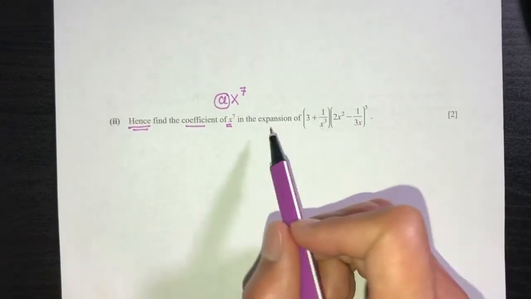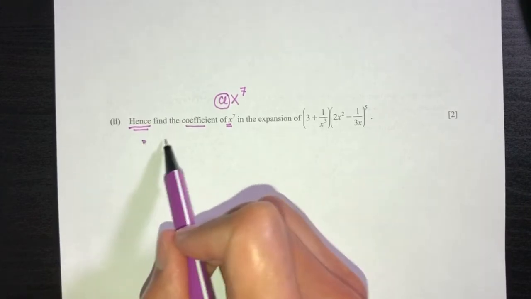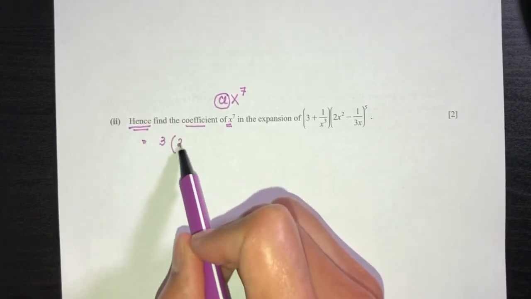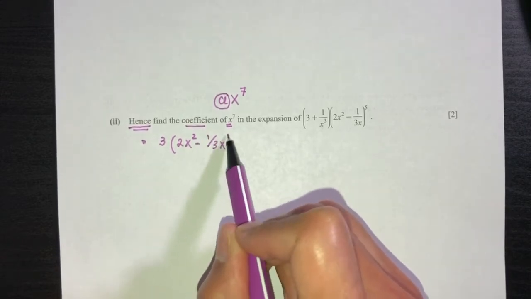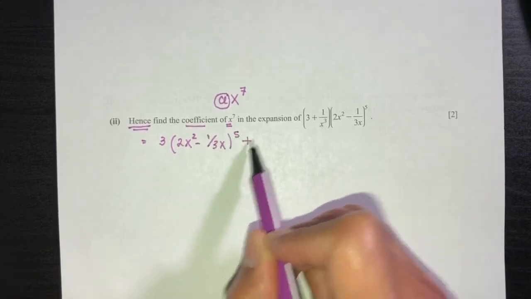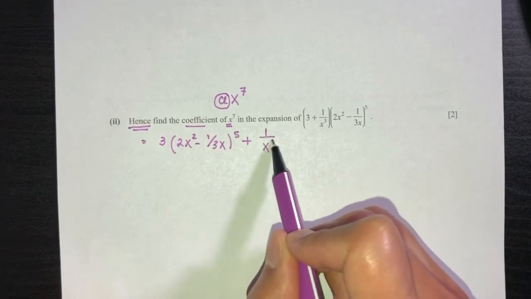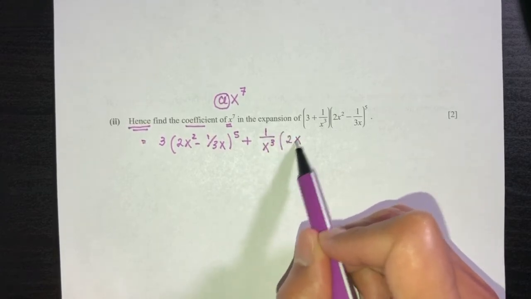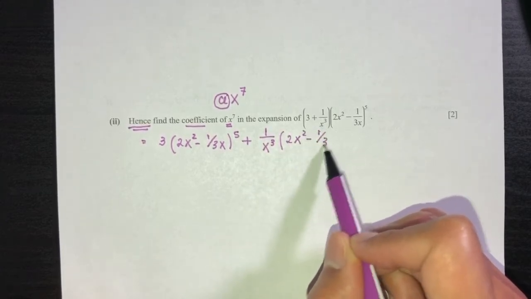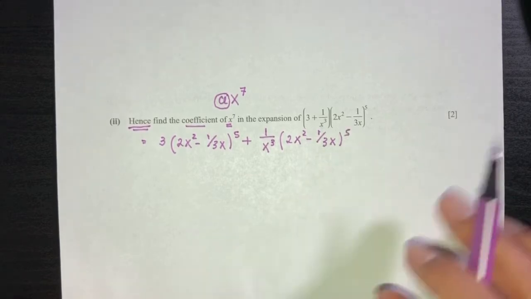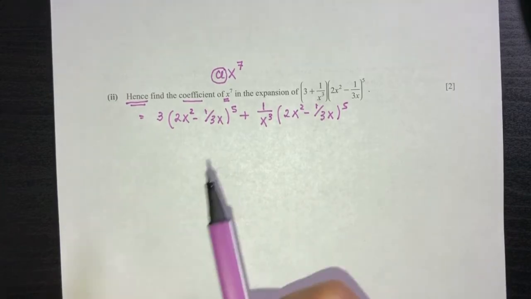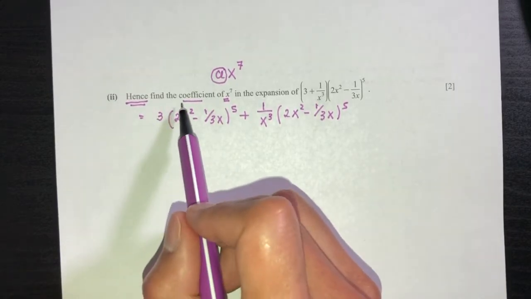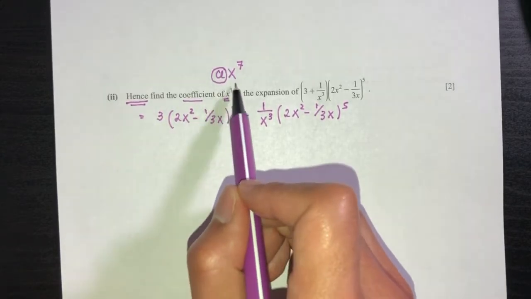Step by step. As always, this will equal to 3 times 2x squared minus 1 over 3x power 5 plus 1 over x cubed times 2x squared minus 1 over 3x power 5. So for the first one, we have to expand this one, and right now we are only interested in the power of x7.